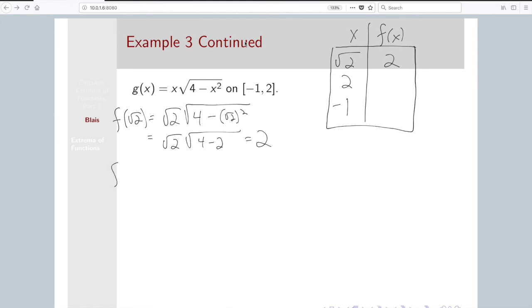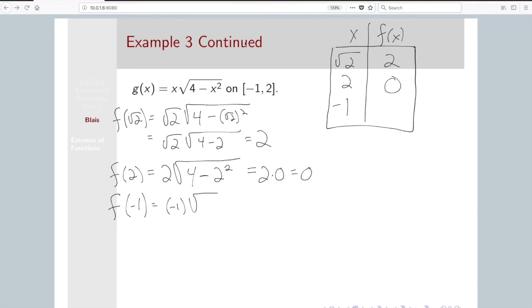When we evaluate f at 2, we get 2 times the square root of 4 minus 2 squared. And we see that that's 2 times 0, or 0. And then when we evaluate f at minus 1, we get minus 1 times the square root of 4 minus 1 squared.